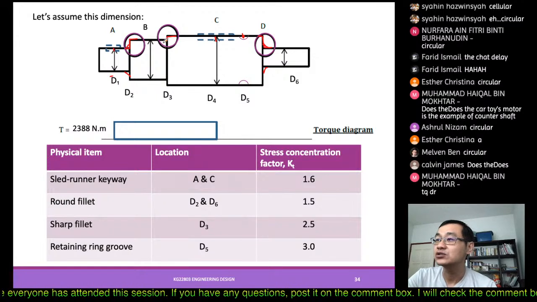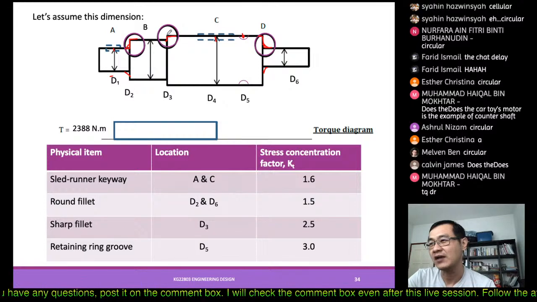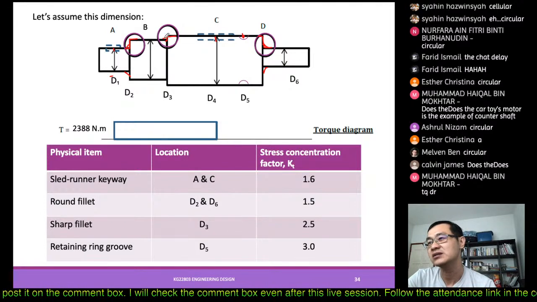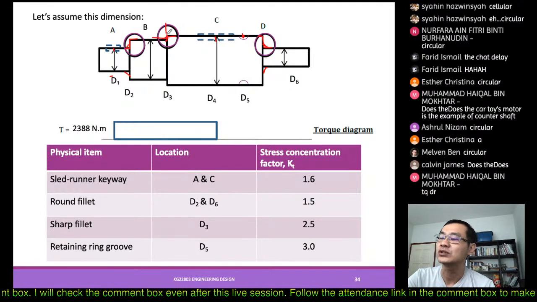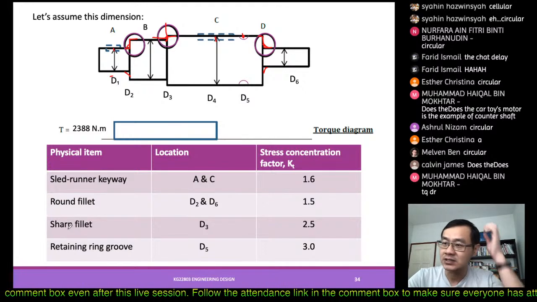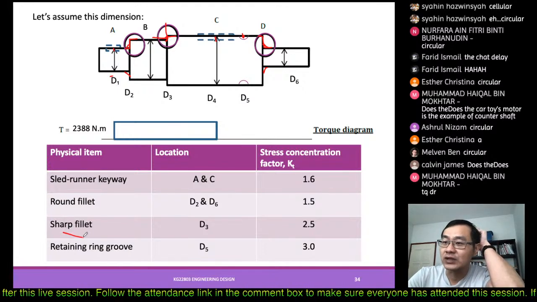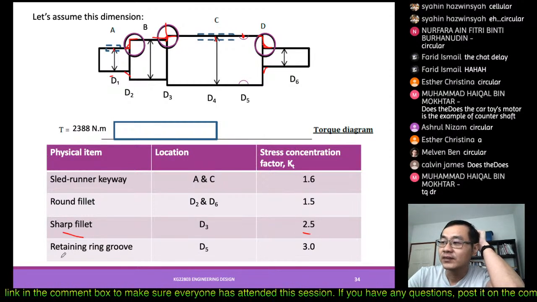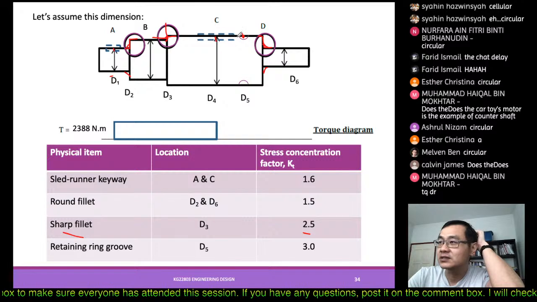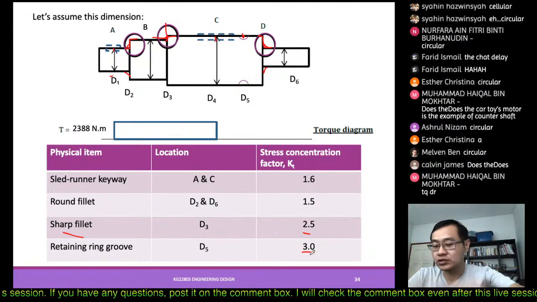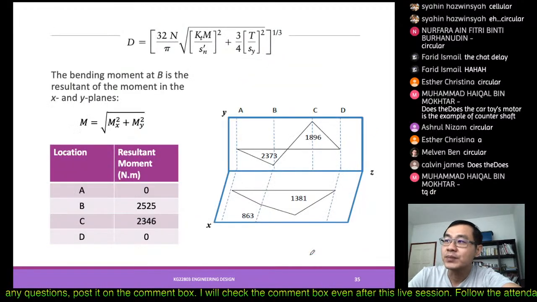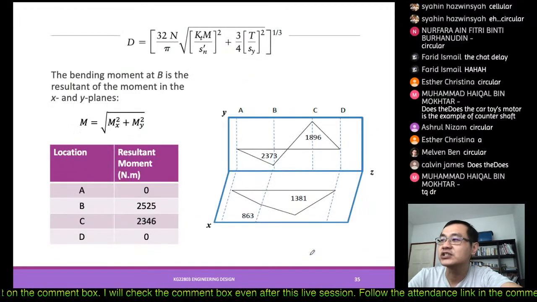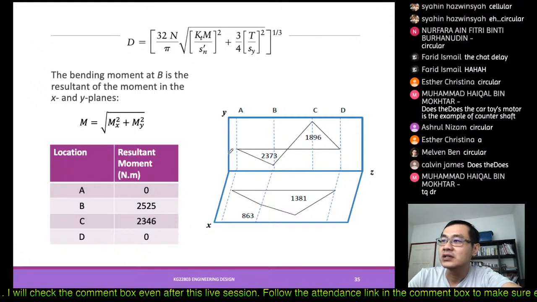But for D3, because this is very minute, we may have a problem machining it, and we also may want to put some things here, so we may have to come up with a sharp fillet there. So we have 1.5, 2.5, and then there is a retaining ring over here, so it's 3. Based on KT at different locations, we will now use it to calculate.